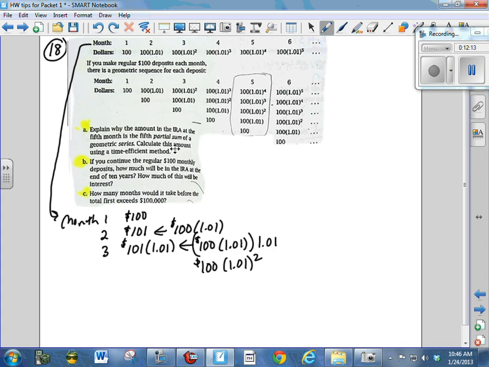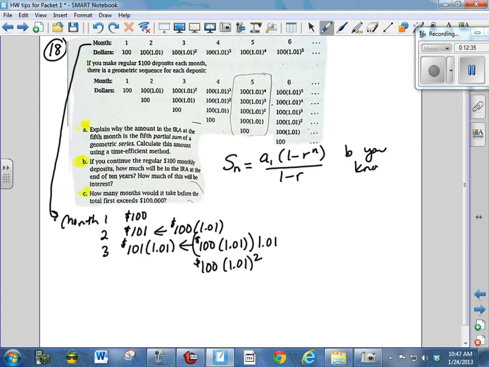Well, for Part B and C, we're talking about the sum of a geometric sequence. So S sub n is equal to A sub 1 times 1 minus R to the n over 1 minus R. In Part B, you know A sub 1 and R.